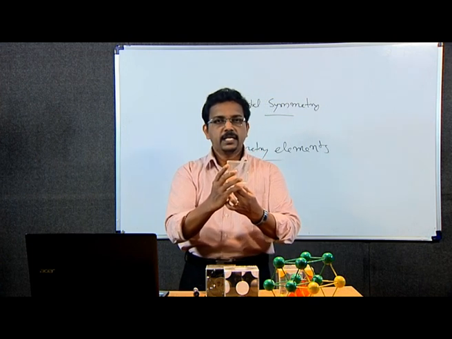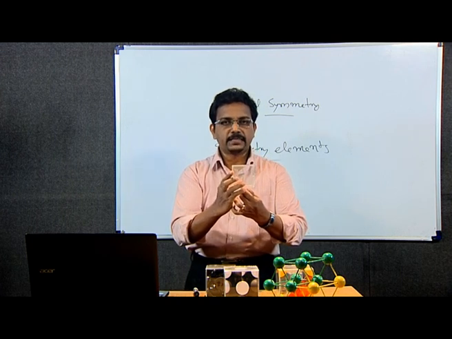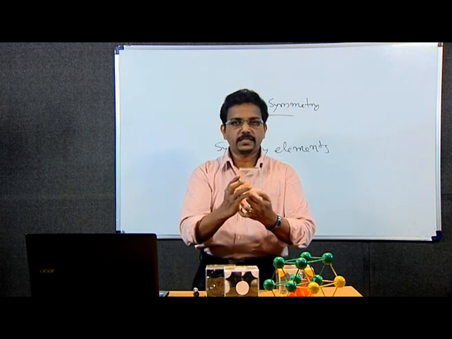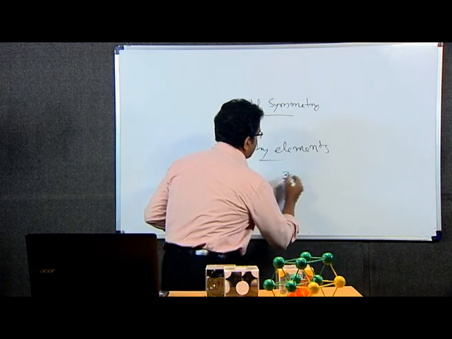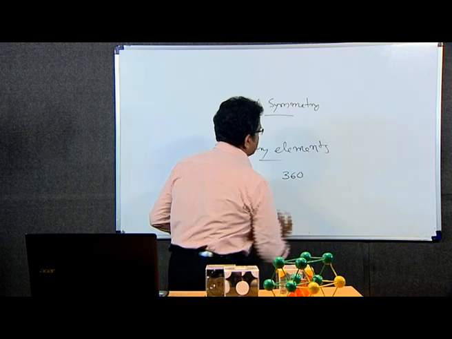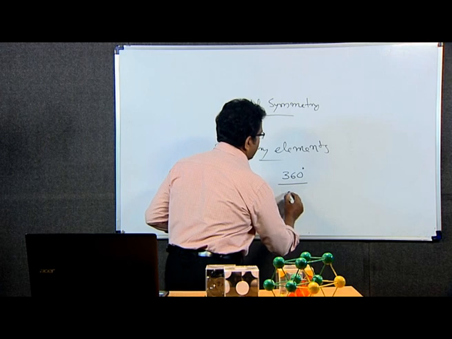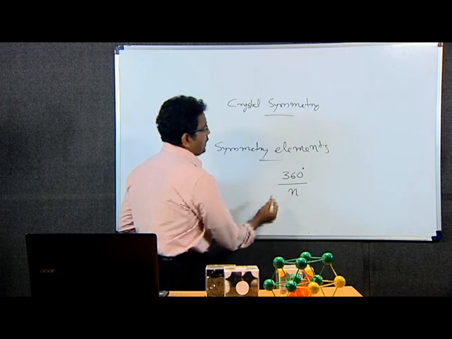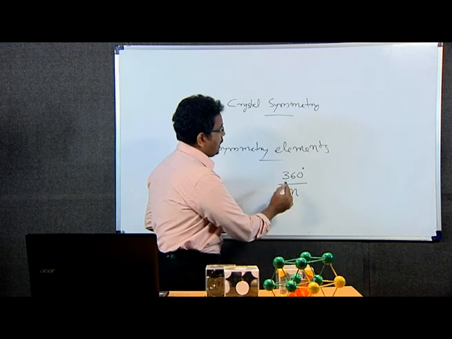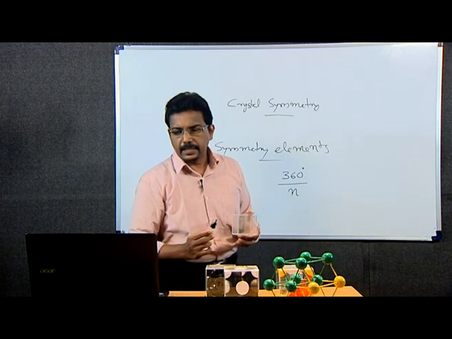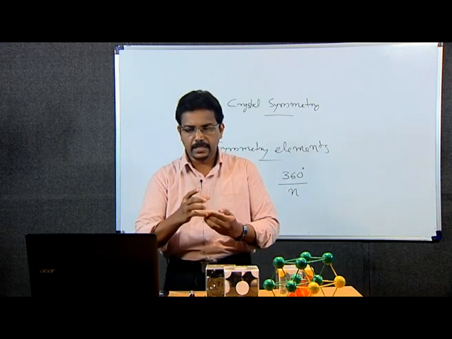This particular axis is called an n-fold axis if the angle of rotation is 360 by n. Here the total rotation is 360 degrees and n is the number of rotations.